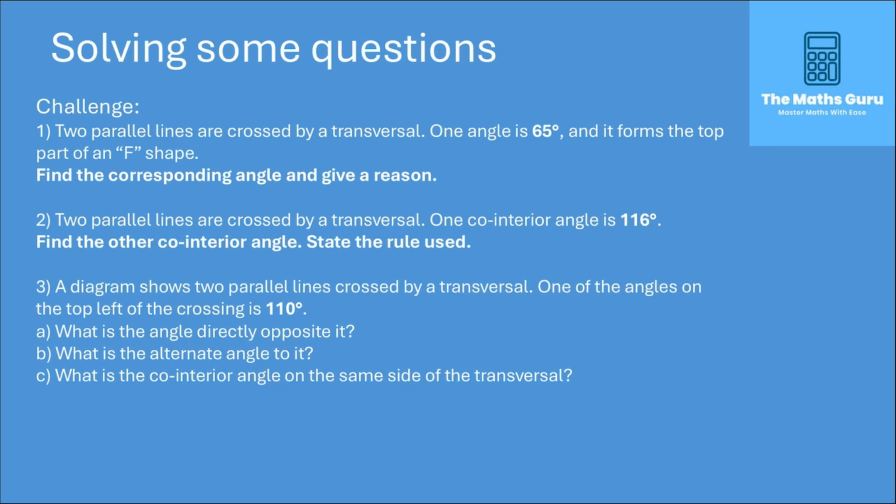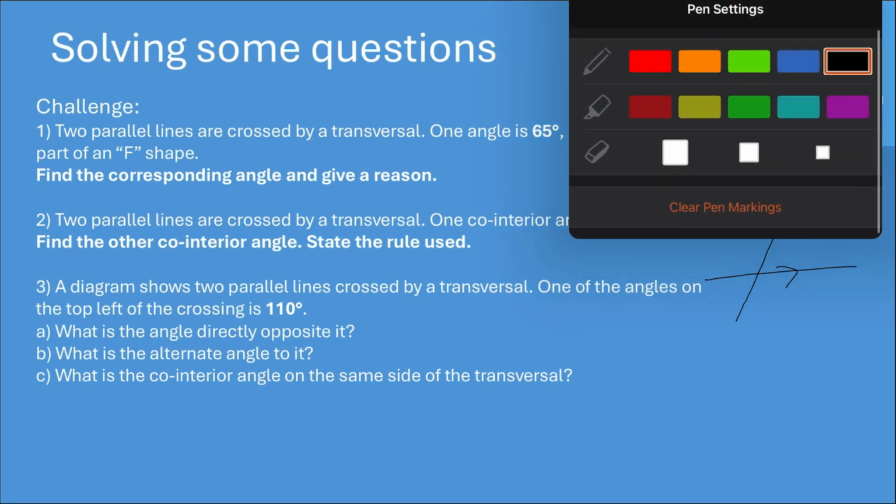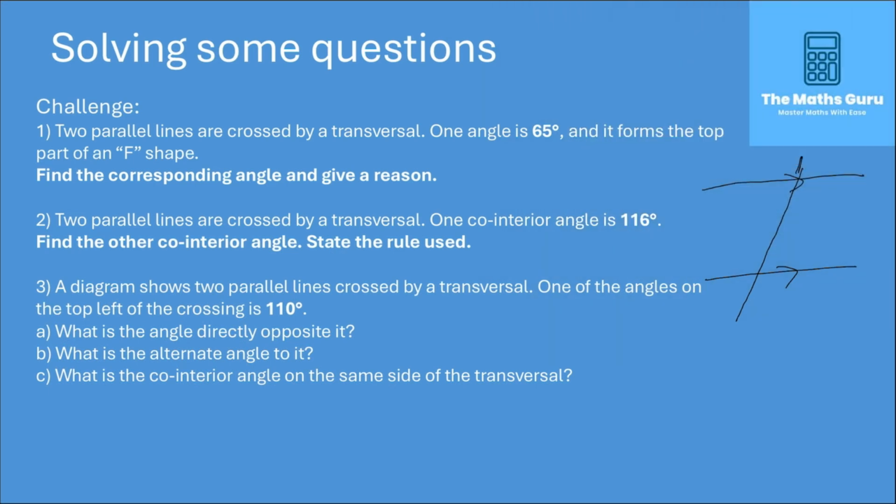So to draw this out, we have our two vertical lines. We have our transversal line, which is going like this through. We are told that one angle is 65 degrees and it's formed at the top part of an F shape.